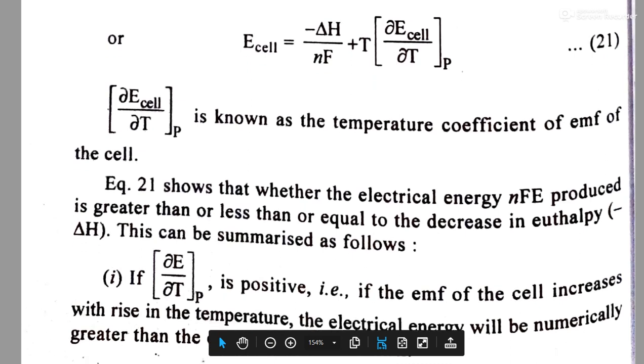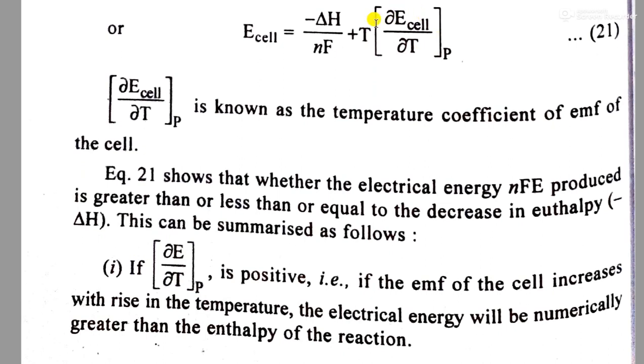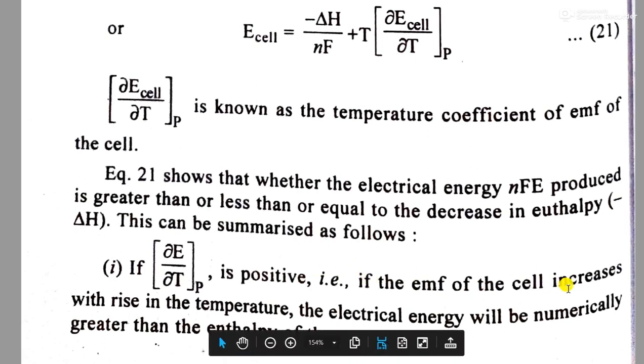Let us see the first. If dou by dou T at constant pressure is positive, so if this value is positive, then what is the inference? It is that the EMF of the cell increases with rise in the temperature.